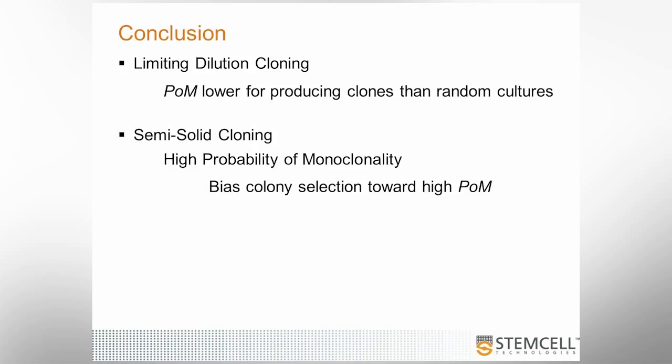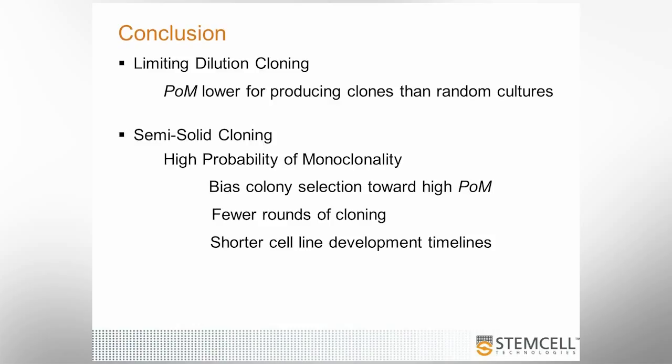And semi-solid cloning makes it really easy to isolate cultures with a very high probability of monoclonality. And this is increased even further because the actual procedure of picking the colonies can be biased towards selection of cultures with an even higher probability of monoclonality. And because you have a high probability of monoclonality for each round, you require fewer rounds of cloning and therefore shorter cell line development timelines.